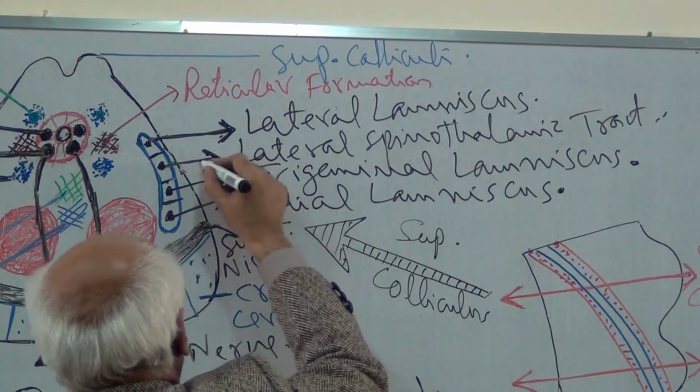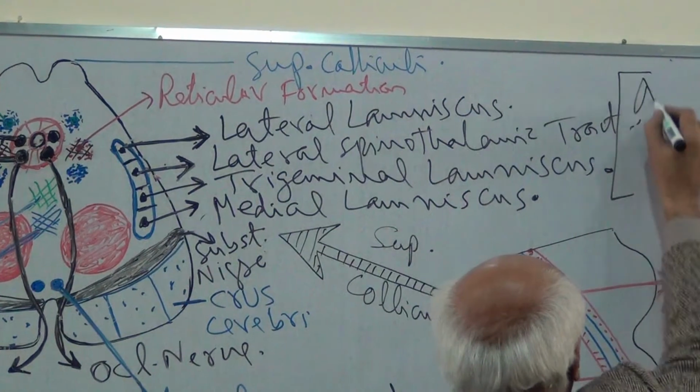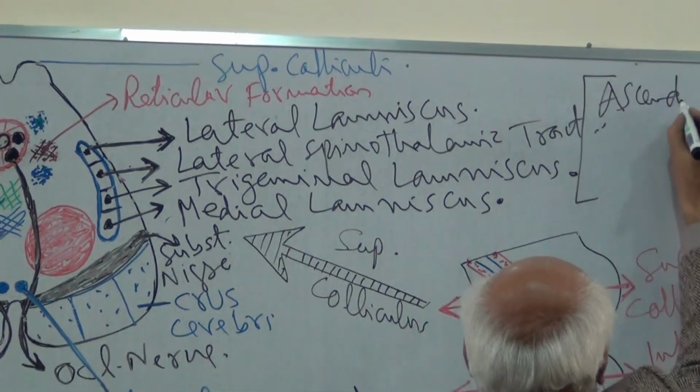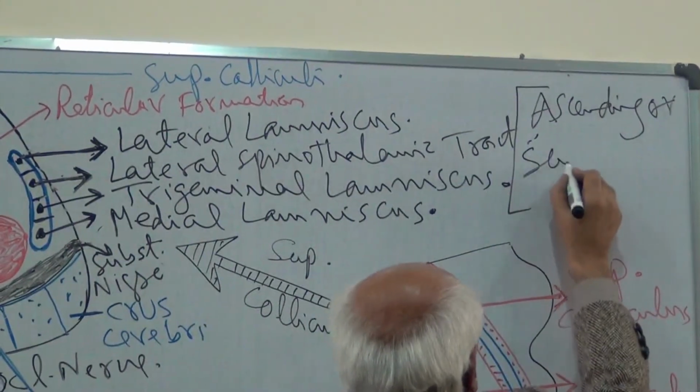So these are the 4 ascending sensory tracts.